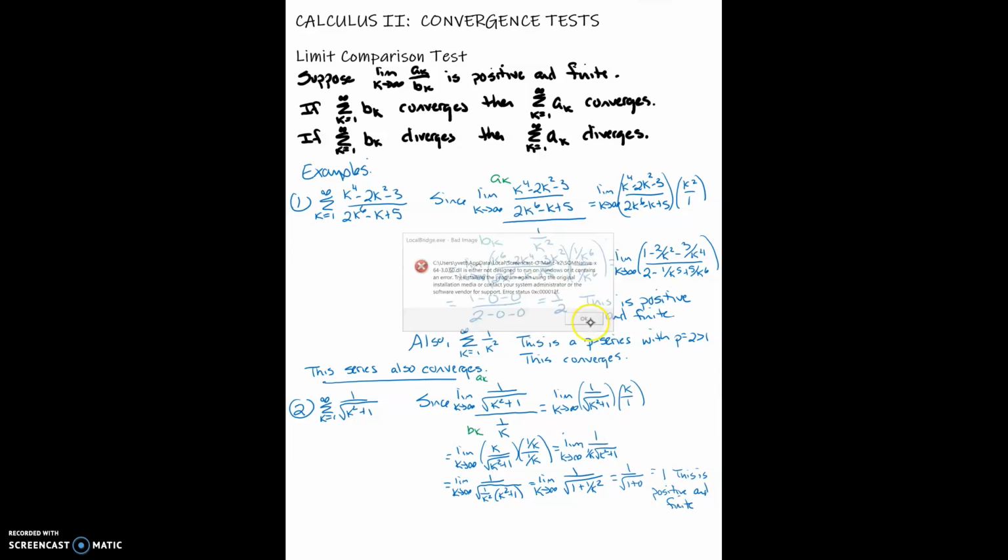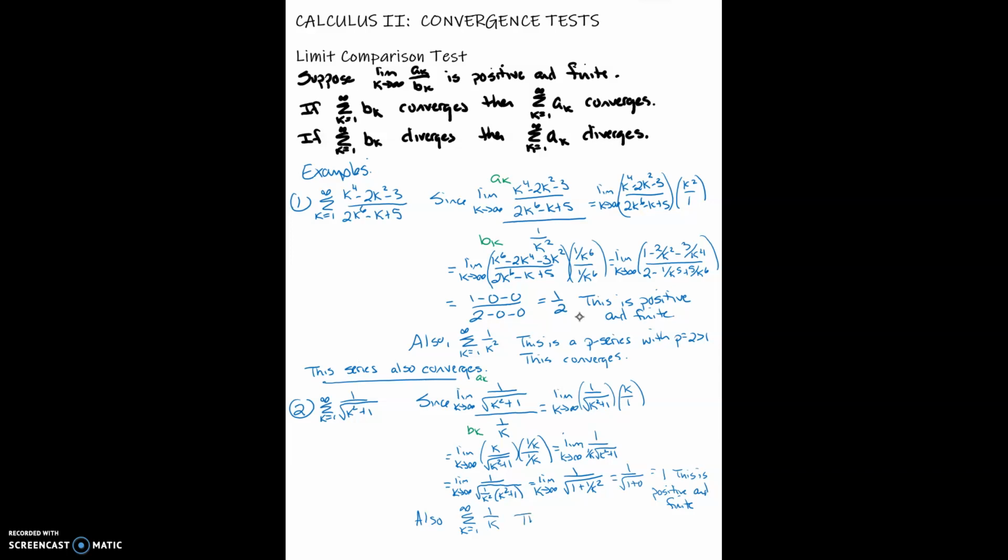We also need to look at the series of our b sub k's. So the sum as k goes from 1 to infinity of the b sub k's, which are just 1 over k.